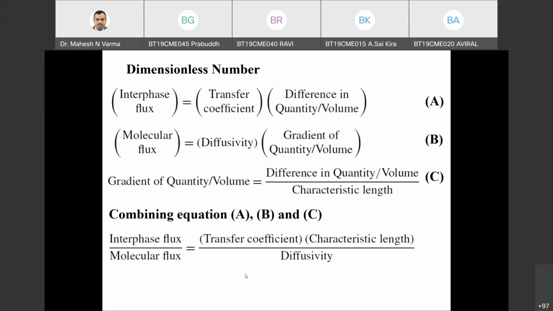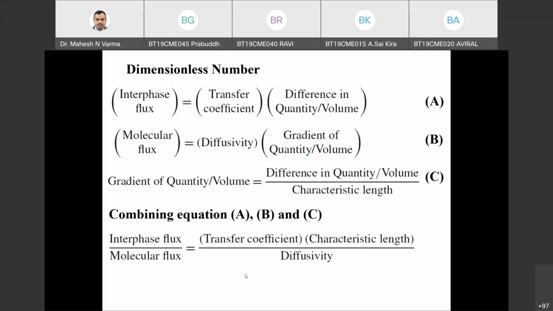So what is the similar dimensionless number in heat transfer then? So the transfer coefficient will be h by rho Cp, the generalized transfer coefficient. Characteristic length will be L, and heat diffusivity will be k by rho Cp.